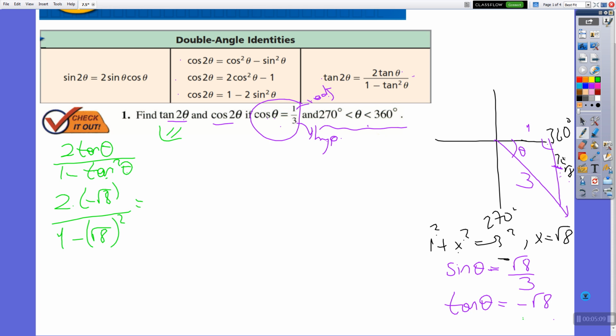So it's going to be 2 times square root of 8, which is 2 root of 2. So 2 times 2, 4 square root of 2, divided by square root of 8 squared is 8. 1 minus 8 is negative 7. So negative negative will go. So you'll have 4 square root of 2 over 7. 4 square root of 2 over 7 is the answer of the first one.